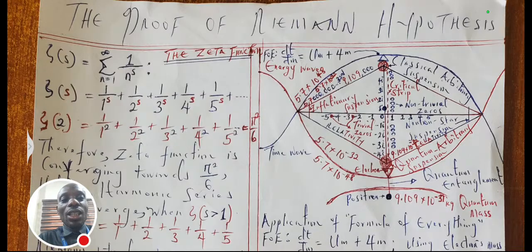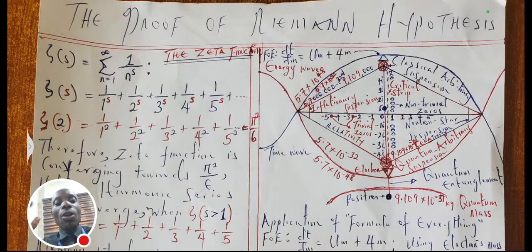Okay, now let's go through the formula as we have it. This is the zeta function, and you see that in parentheses we have s. This topmost formula is just the summary of everything, which is telling us that when you sum from 1 to infinity, such that you have 1 over the number n raised to the power s.